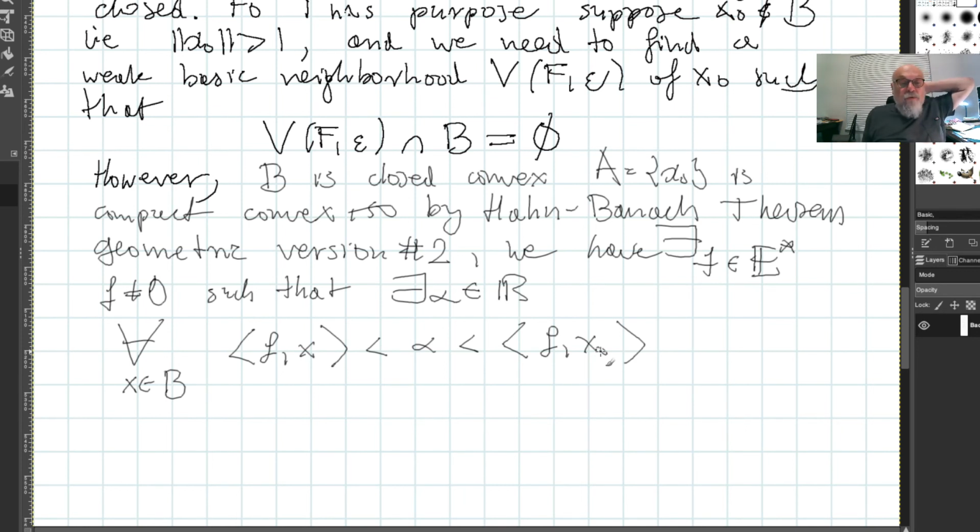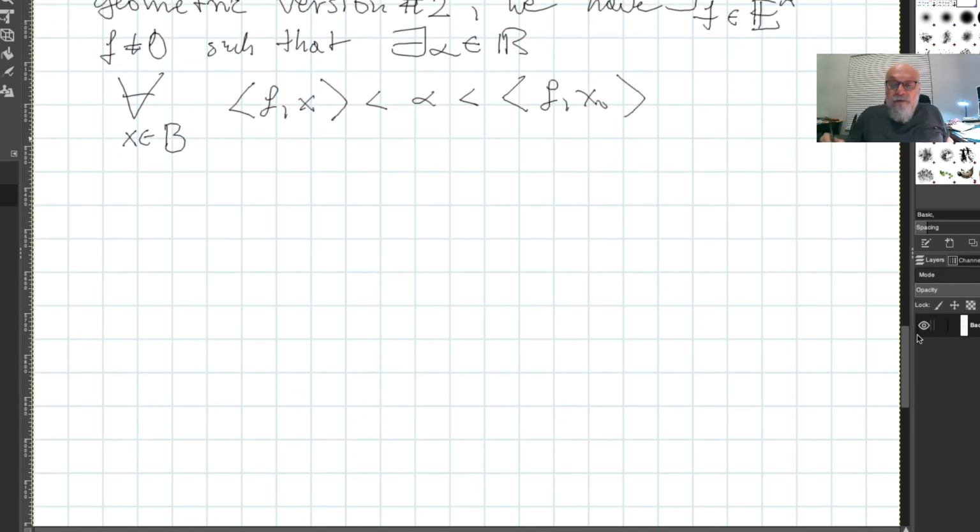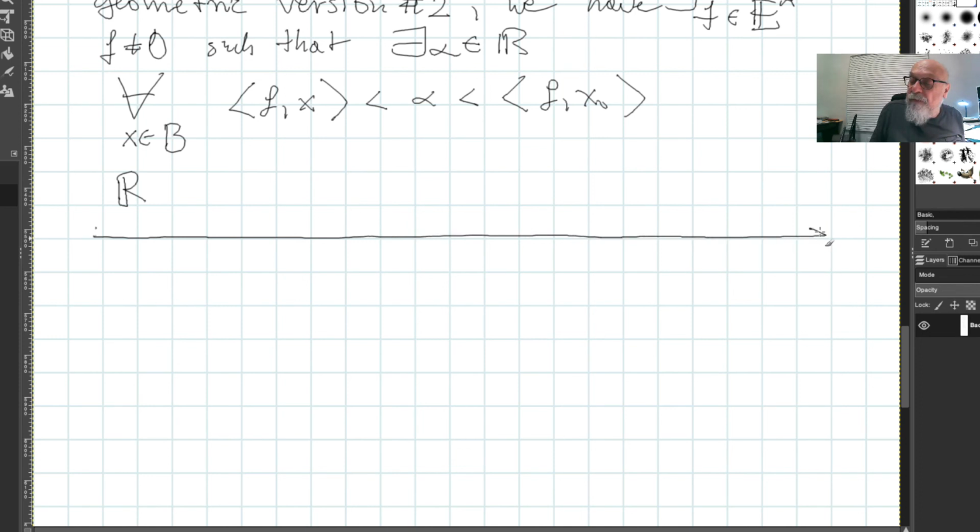So now if you look at this particular situation, let me illustrate. Let me write it down. This is my real axis. Oh, goes very nicely. So somehow here is the alpha.